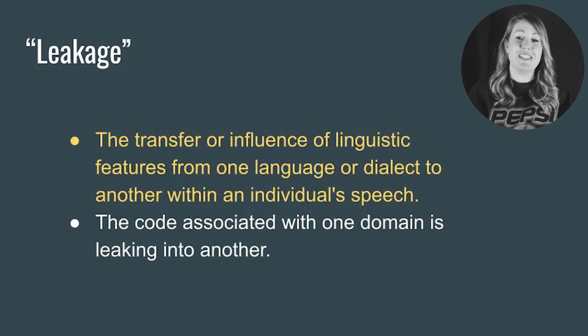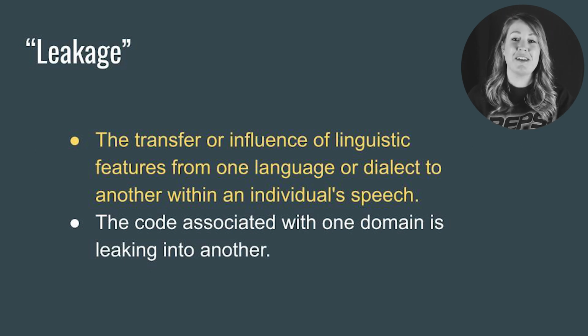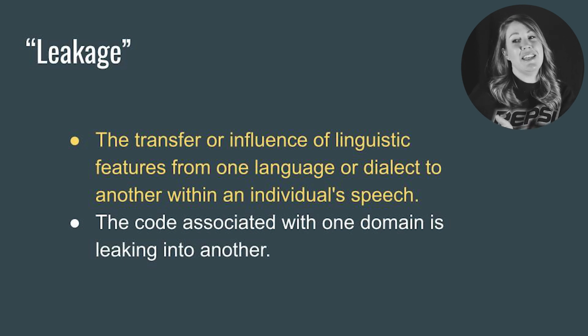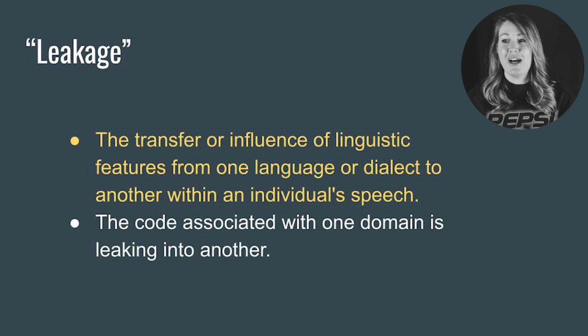In sociolinguistics, leakage refers to the phenomenon where linguistic features or elements associated with one language or dialect influence another language or dialect that an individual uses. So this cross influence can occur when a person consciously or unconsciously incorporates elements from one linguistic variety into another.